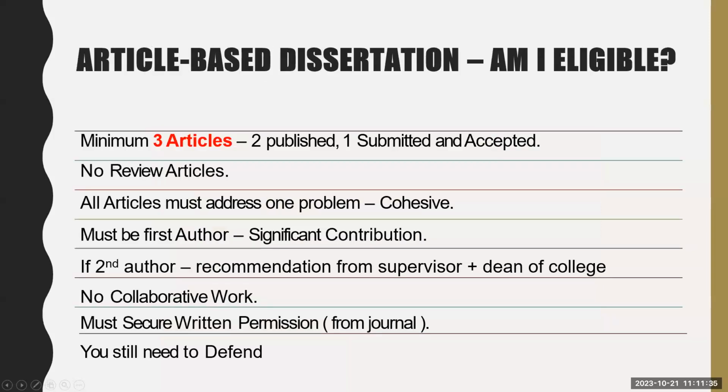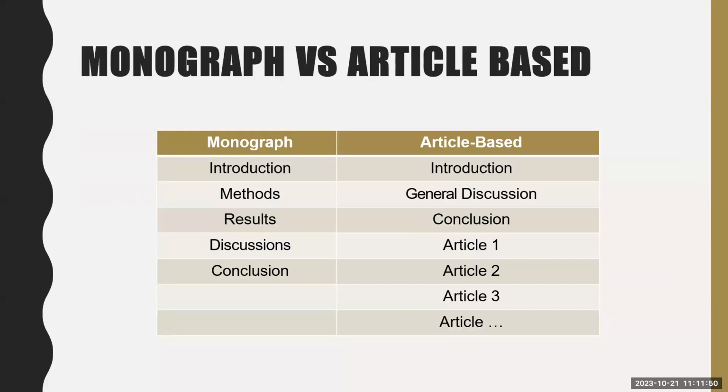I think the next slide will show what needs to be done in order for you to be eligible to have an article-based dissertation. And you have a conclusion. The article-based dissertation is quite a bit smaller than the monograph because you already have published papers and you need to combine them in one dissertation.